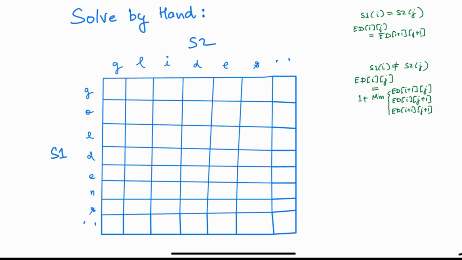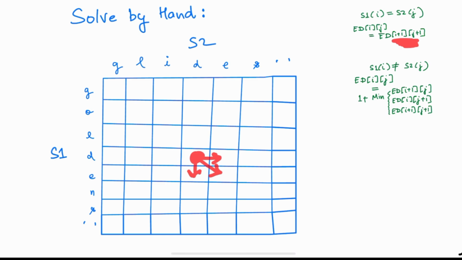Now one more thing. Whenever we want to calculate the answer for any i, j, we can be dependent on i plus 1, j plus 1 based on this equation, or we can be dependent on i plus 1, j, or we can be dependent on i, j plus 1.